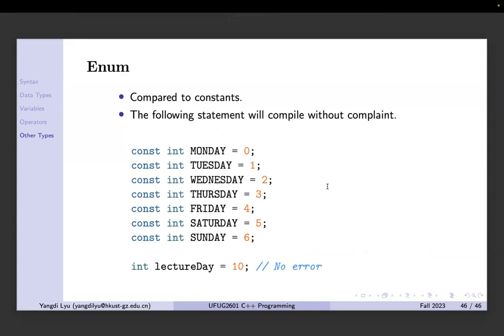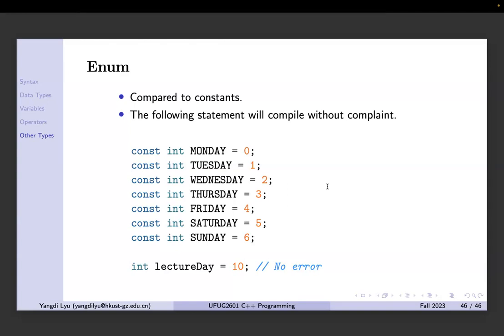If we compare it with defining a bunch of constants, you can also define it in this way. It's exactly the same. I want to define a constant integer: Monday means 0, Tuesday means 1, Wednesday means 2, right? It's a bunch of constants. They are exactly the same as the enum type. And you can say integer lecture day equals some integer. But be careful.